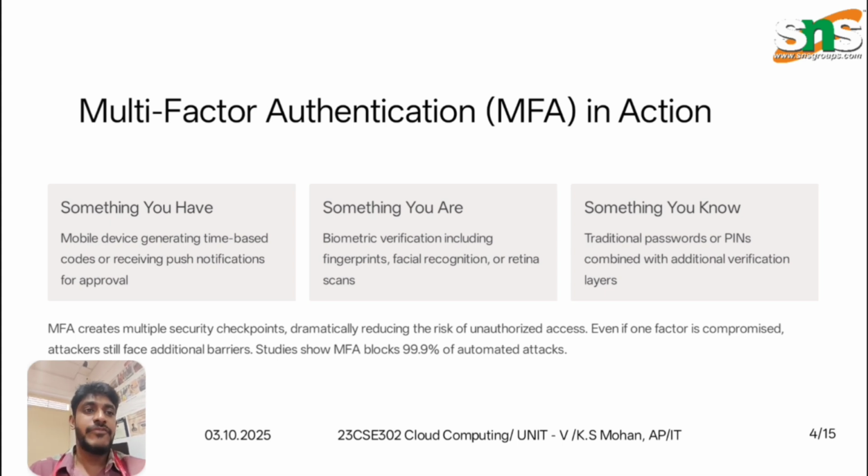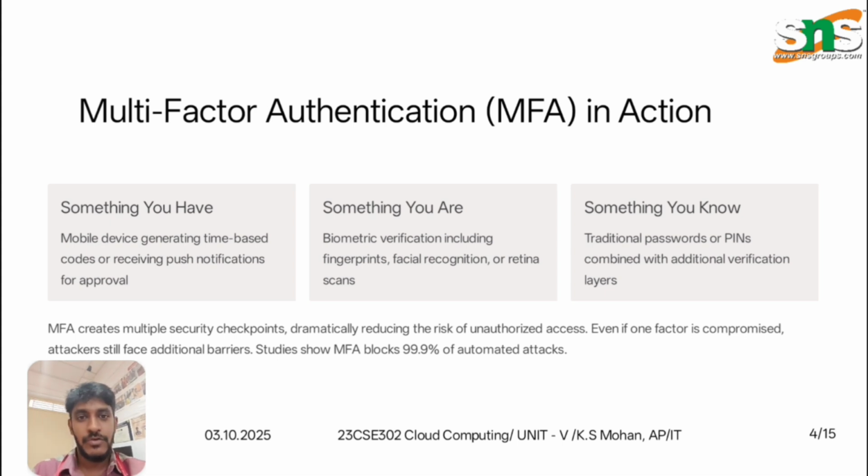Likewise, MFA in action: something you are, biometric verification including fingerprints and facial recognition, and also one of our most secure methods, retina scans. Then something traditional like passwords and PINs, combined with additional verification layers. For security purposes, MFA creates multiple checkpoints, and these checkpoints help reduce the risk.